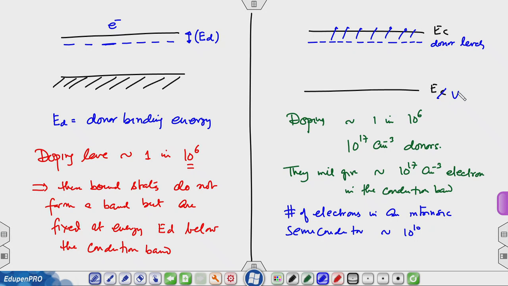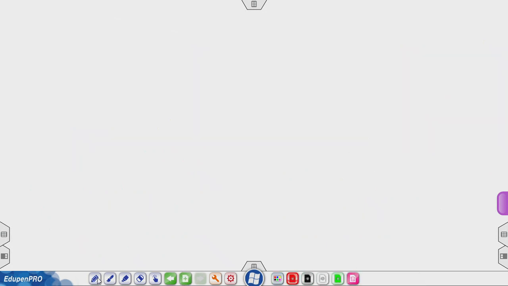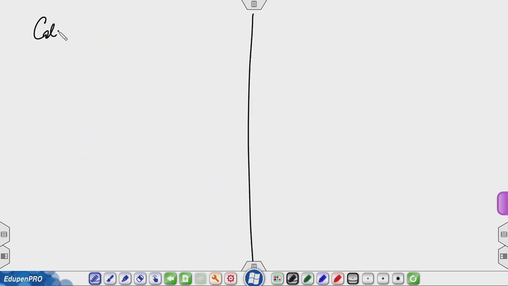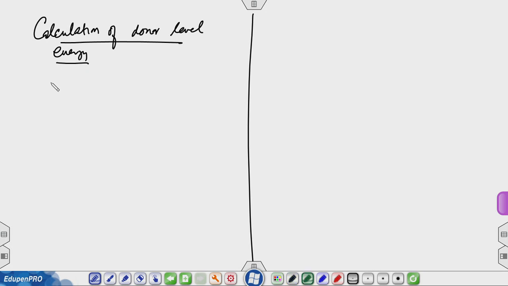So, first job now is to calculate the donor level energy. Let me make now this conduction band like this, and here is the donor level. We want to calculate this.